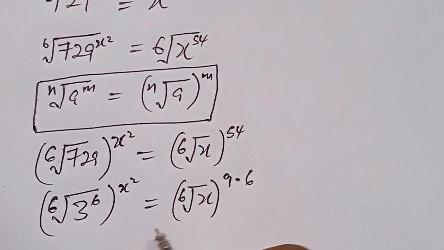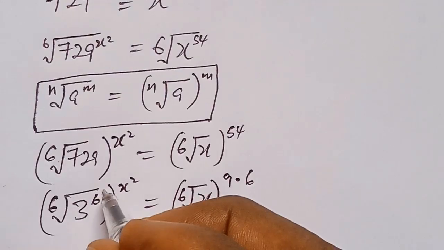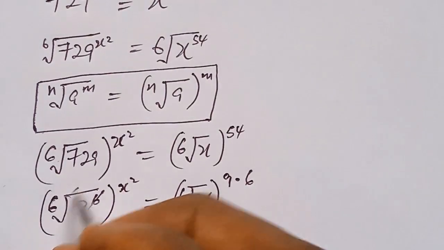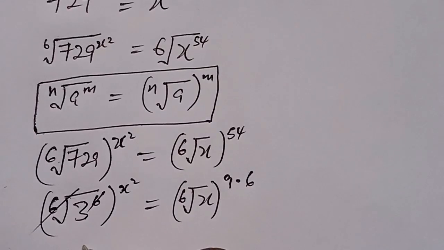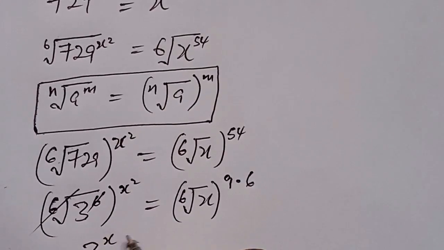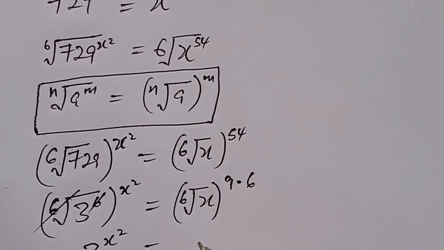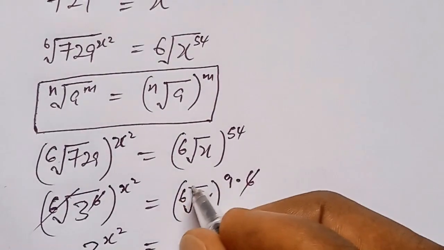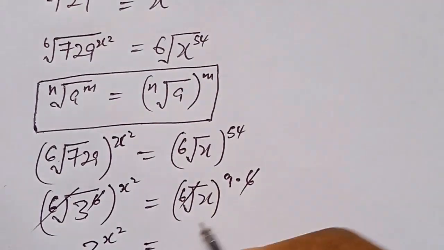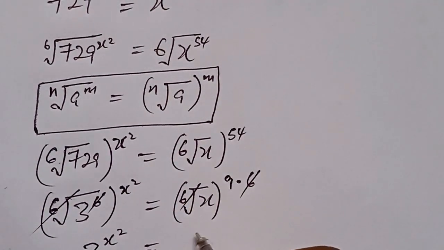So this 6 we cancel with this 6th root, and we have 3 to the power of x squared for the left hand side, while for the right hand side as well, this 6 cancels with this 6th root. So we are now left with x to the power of 9.